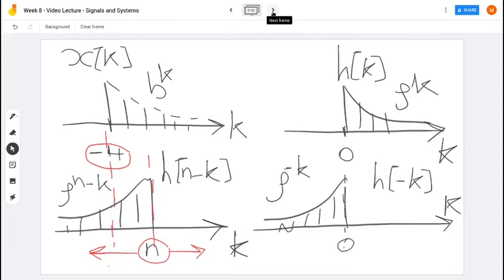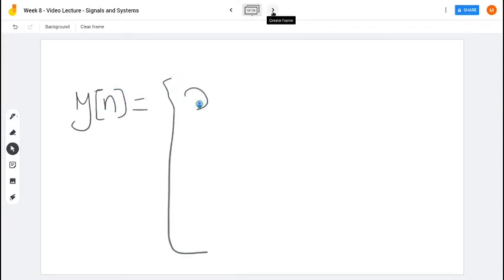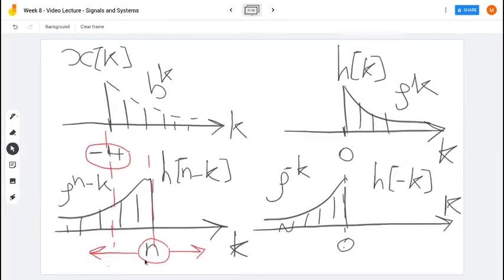So we can write the following: y of n will be equal to 0 if n is less than minus 4. As you can see, if n is less than minus 4, there will be no overlap, and in this case the result will be 0.